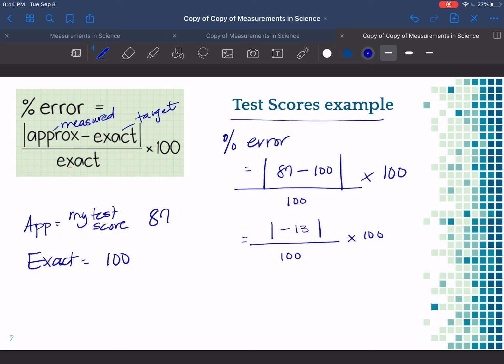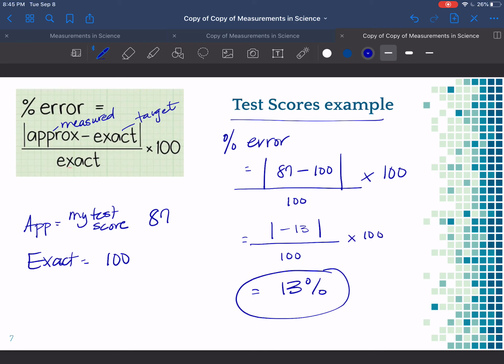Okay? We'll take the absolute value of that 13, so 13 divided by 100 times 100 is going to give us 13%. You had a 13% error rate on your test, right? 87 plus 13 gets you back to 100.